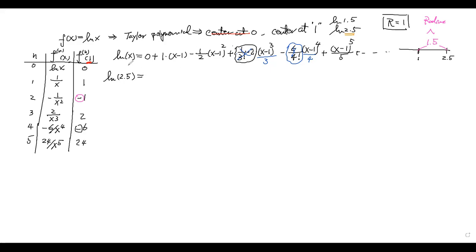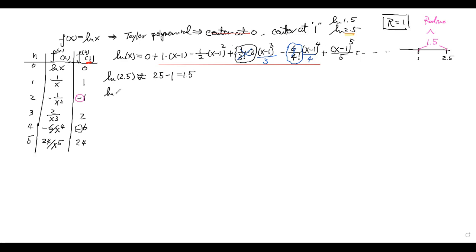The series has four non-zero terms, so it's 1, 2, 3, 4. The first term will be natural log 2.5 is very close to 2.5 minus 1, so it will be 1.5, right?